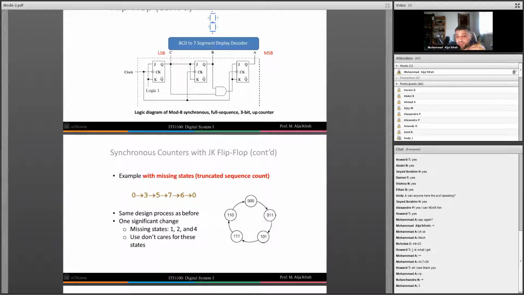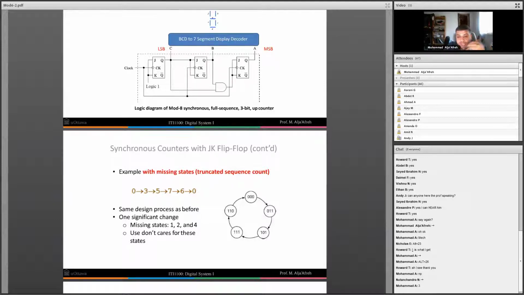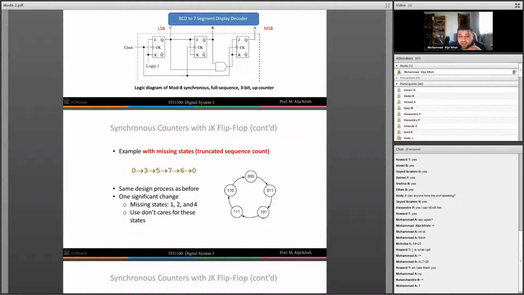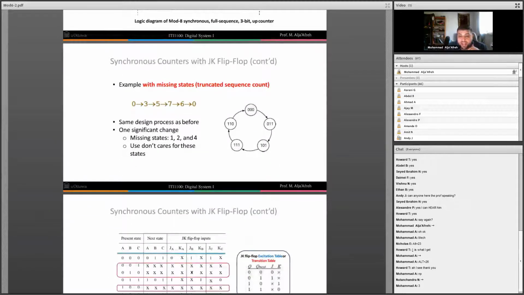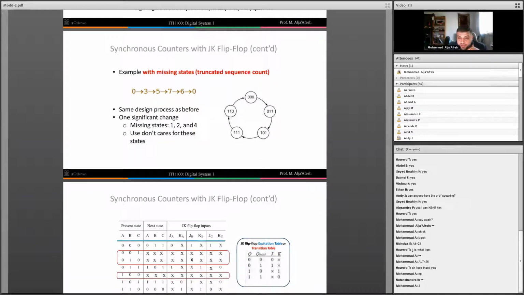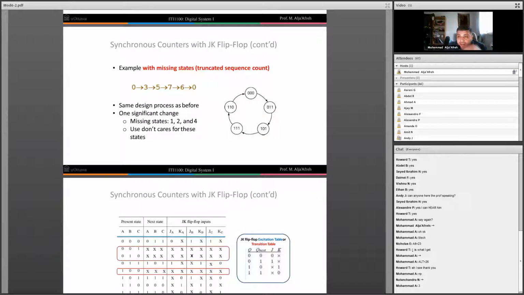I used 3 bits to encode these states. Now 1, 2, 4 are missing. So boom, don't care, right away. Now we're going to write the present state and the next state. We're going to derive them from the state diagram.